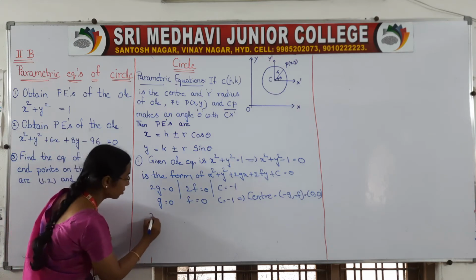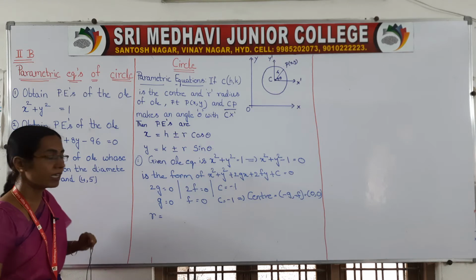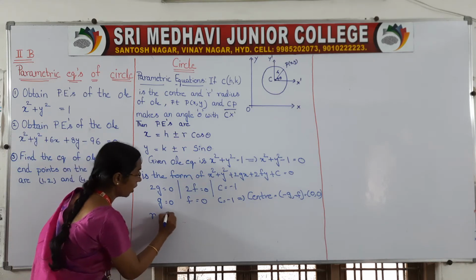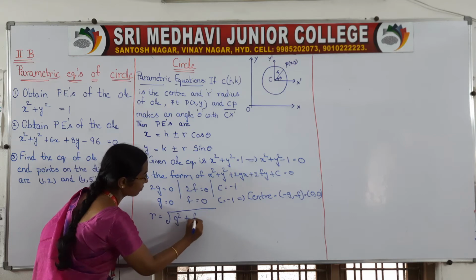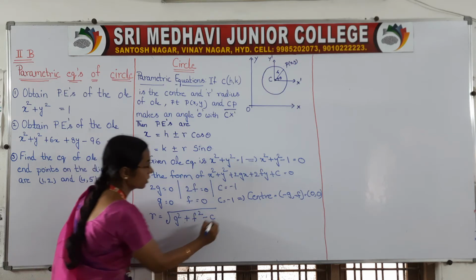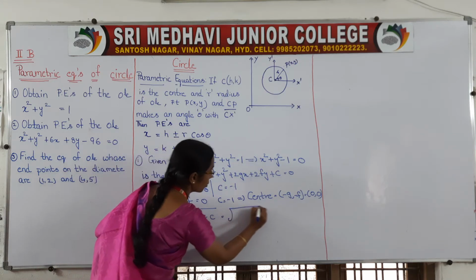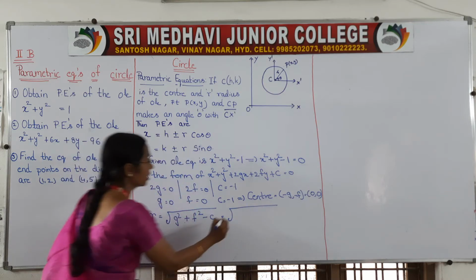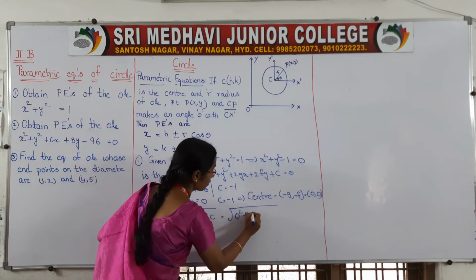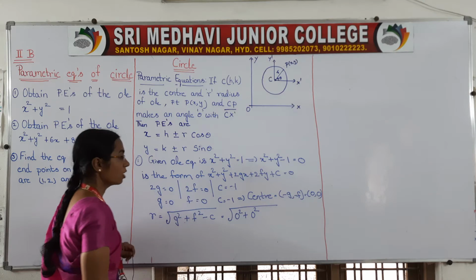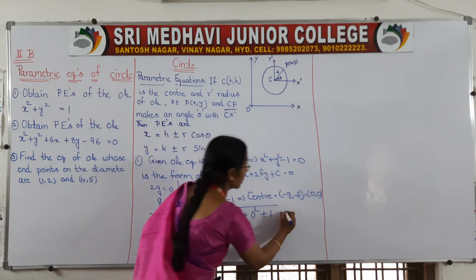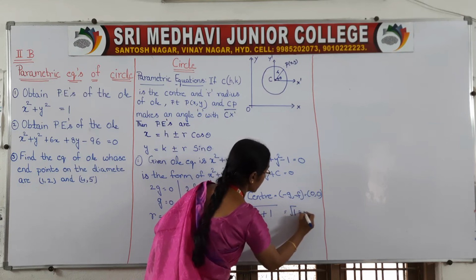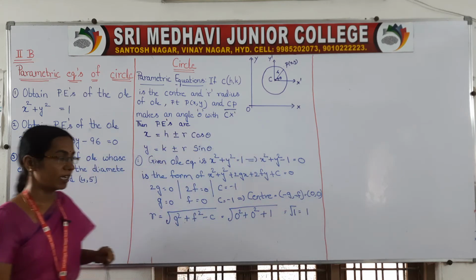Next you find out your radius. You already know the formula: radius is equal to root of g square plus f square minus c, so root of 0 square plus 0 square minus of minus 1, which is root 1, equal to 1.